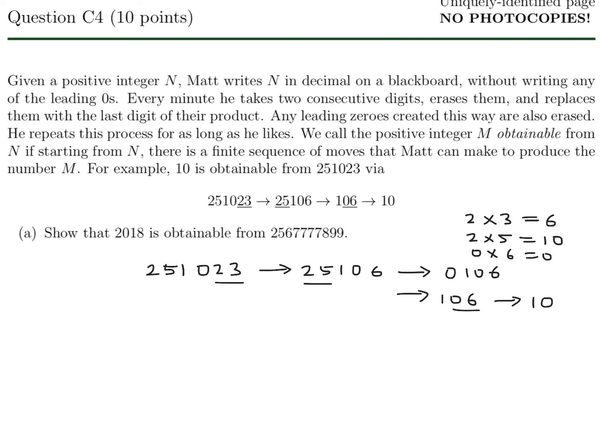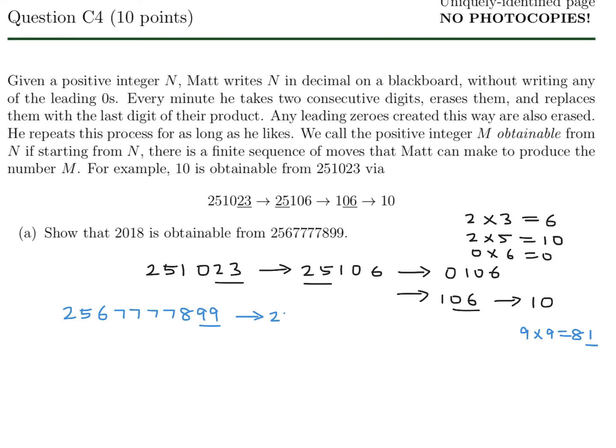So they want you to show that from this, you can get 2018. Okay, let's see if we can do that. All right, so we got 2, 5, 6, 7, 7, 7, 7, 8, 9, 9. Okay. First, let's get rid of that. So we have 9 times 9, which is 81, and the units digit, last digit, same thing, is 1.